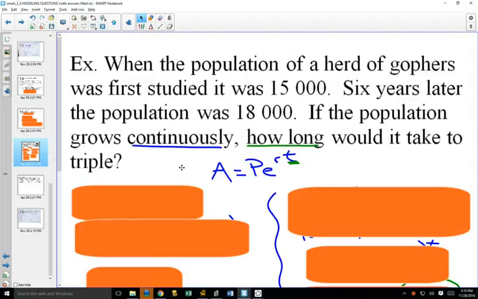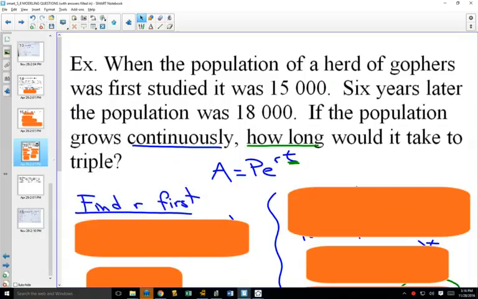In order to solve for t, we need to put in things for everything else. Do we know a? Do we know p? Do we know r? We don't know r. So we want to find out how long it's going to take, but we don't know r.